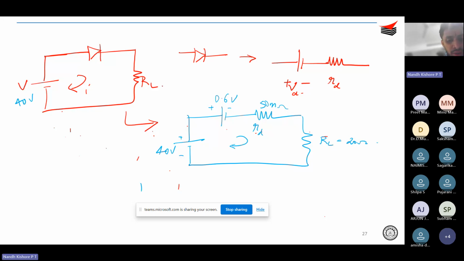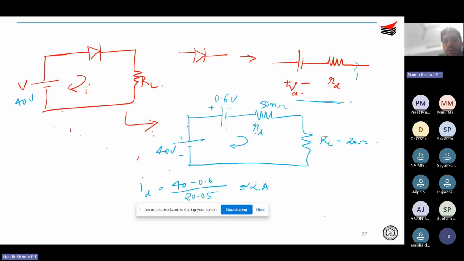From this you can find out what is ID. ID is what? 40 minus 0.6 divided by 50 milli plus 20 ohms, right? So 20.05. So it turned out to be around 2 amperes. Okay, and this ID we use to calculate what is this.